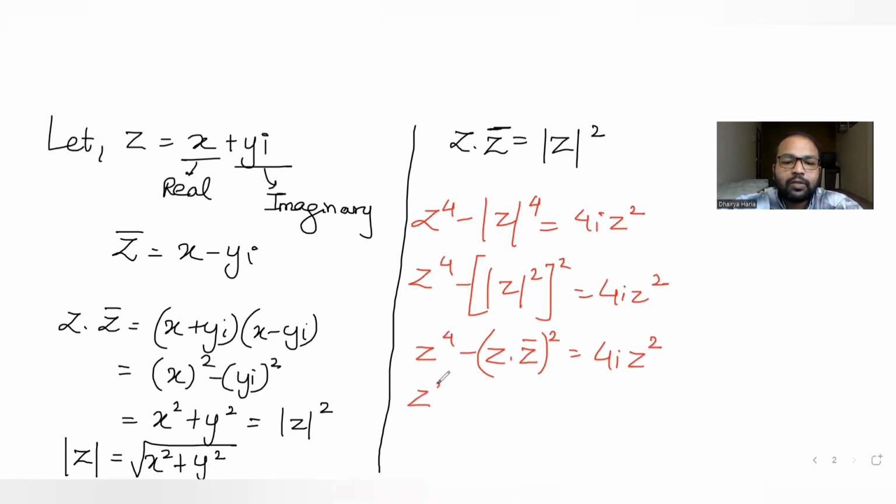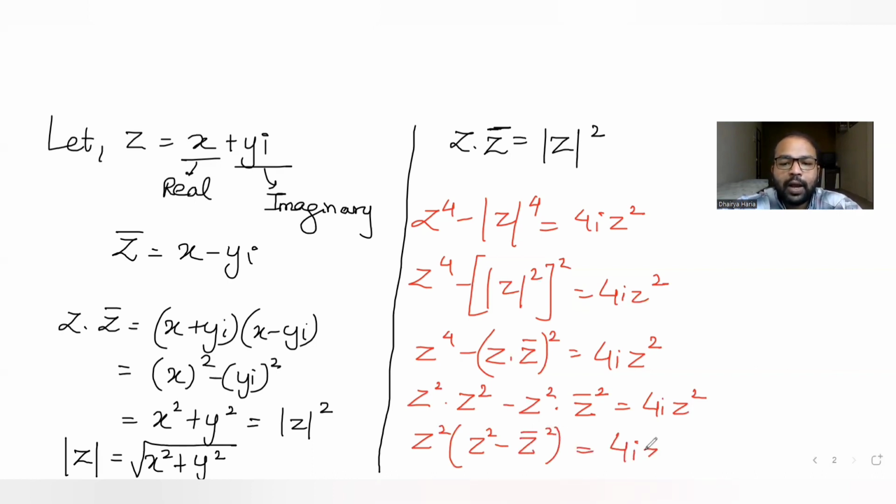So z square into z square minus z square into conjugate of z square is equal to 4i z square. I can take z square common, and I am left with z square minus z bar square is equal to 4i.